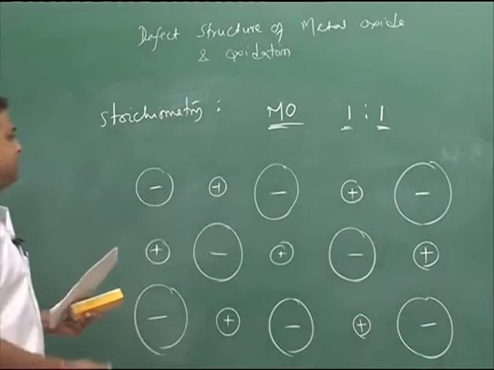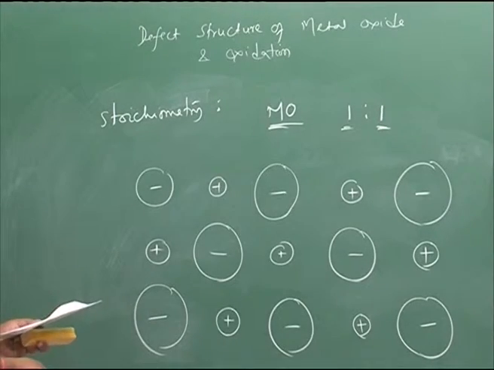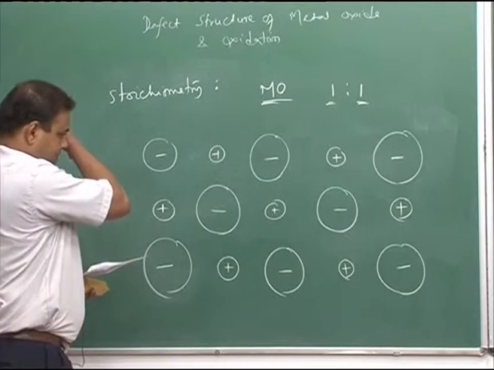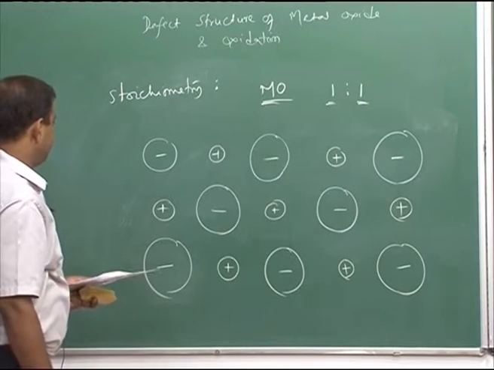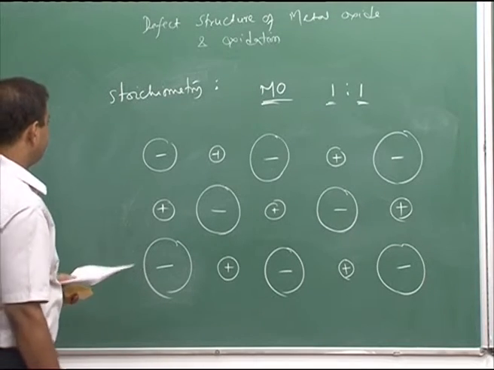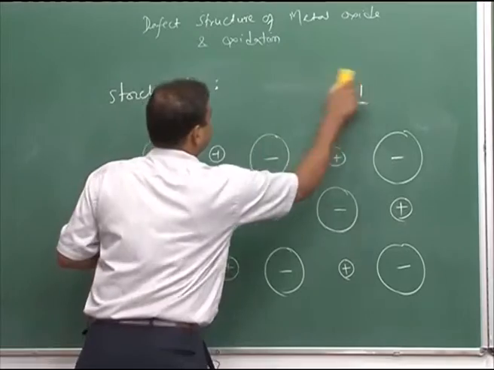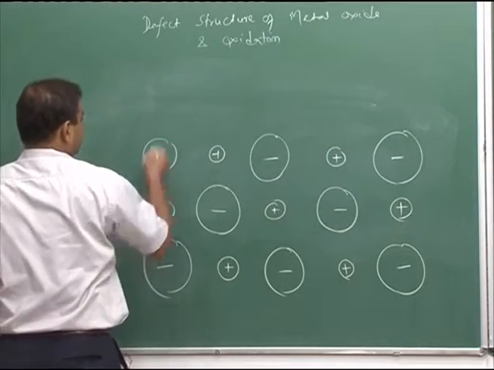Let us say this is a simplistic form of that oxide lattice. Let me extend it by one more layer.